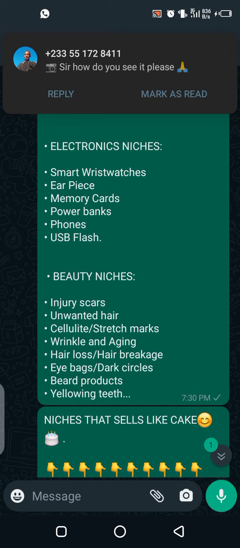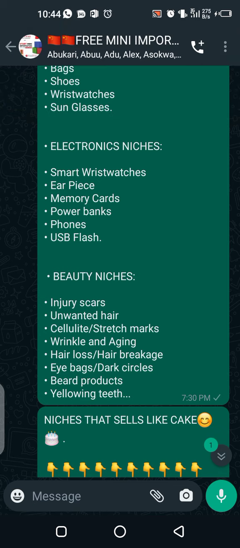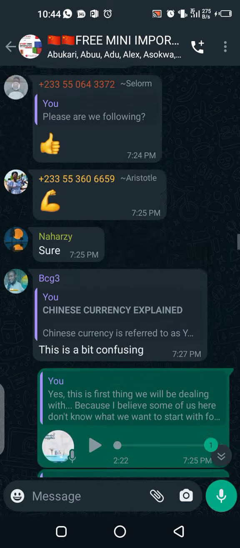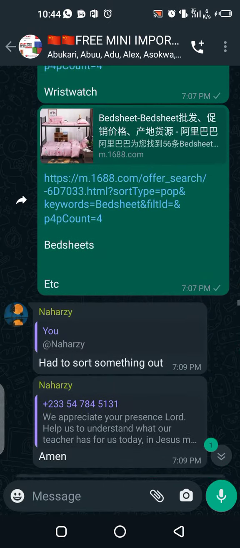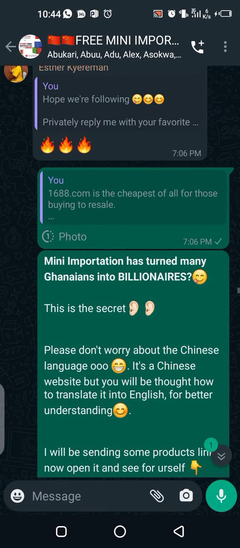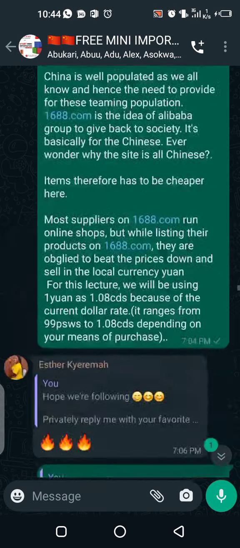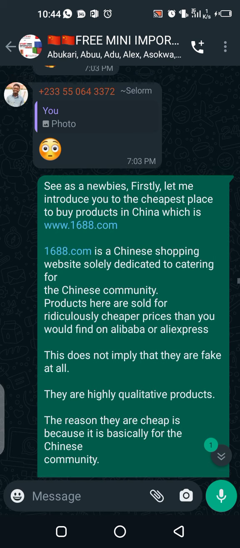That's one thing I also want to say about how to be lent. Yeah, I guess those were the very things we learned here. And the site we will be using is the 1688.com.